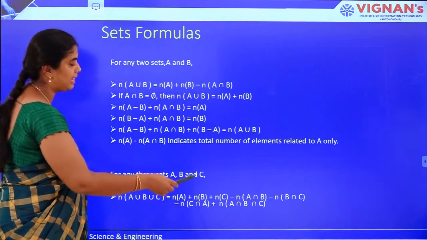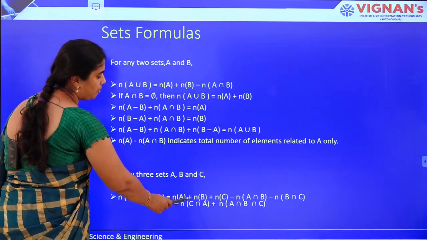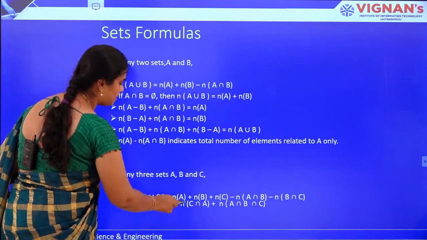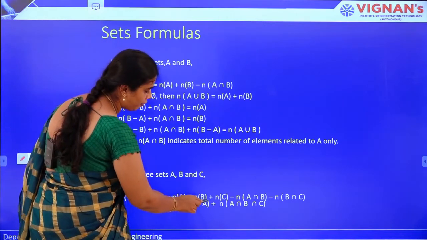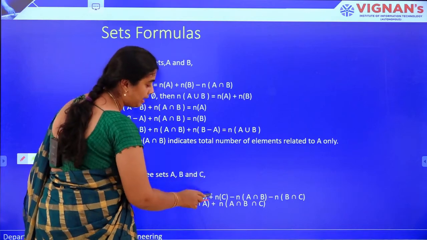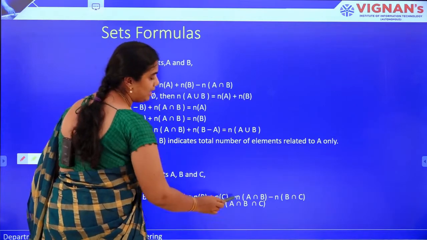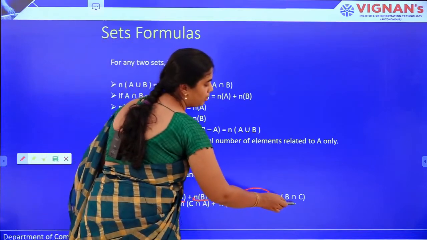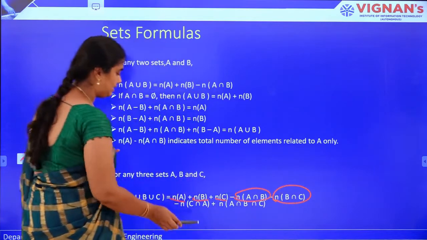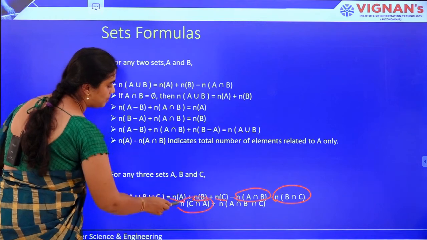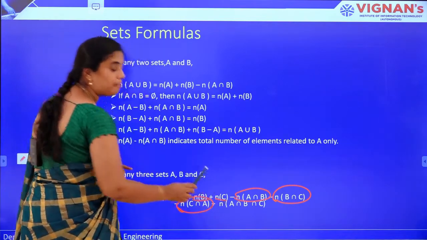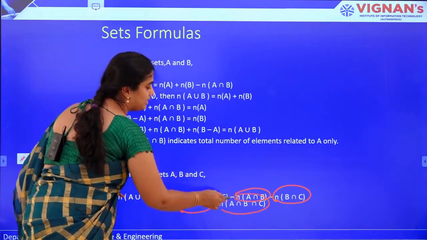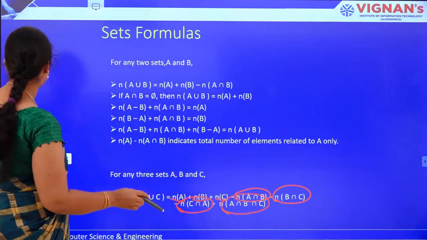It contains n of A, n of B, n of C, then the total number of common elements between A and B, between B and C, and between C and A, followed by the number of elements present in A intersection B intersection C.